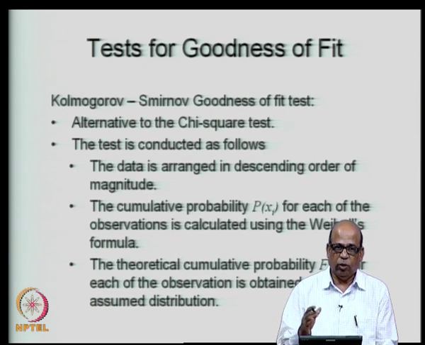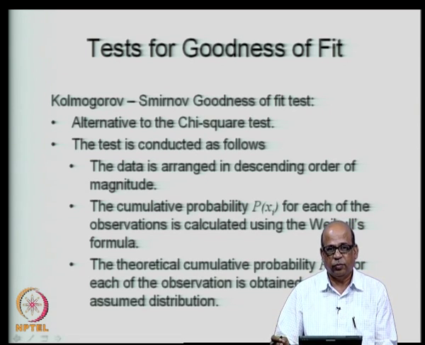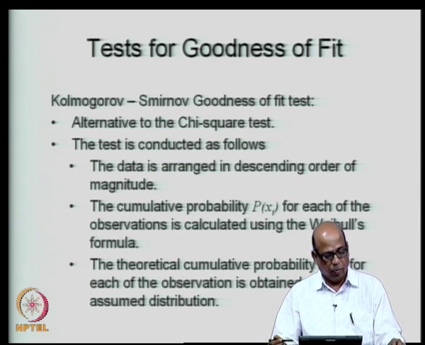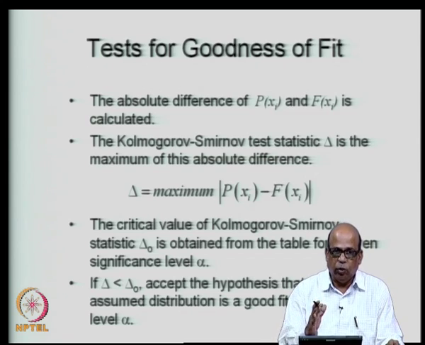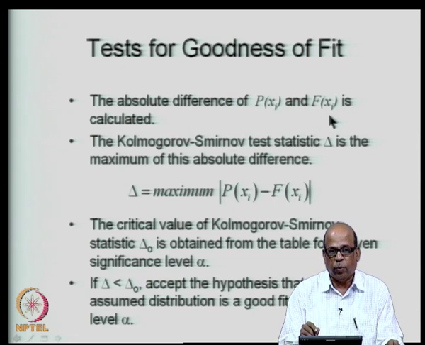This we get from the parent distribution, the distribution for which we want to make the test. For example, for the normal distribution, we know how to compute the cumulative distribution function associated with a particular value. So, we calculate the theoretical cumulative probability, and then take the absolute difference between the observed and the expected cumulative probability. From the observed data using the Weibull's formula we get P of x i, and from the theoretical distribution F of x i.